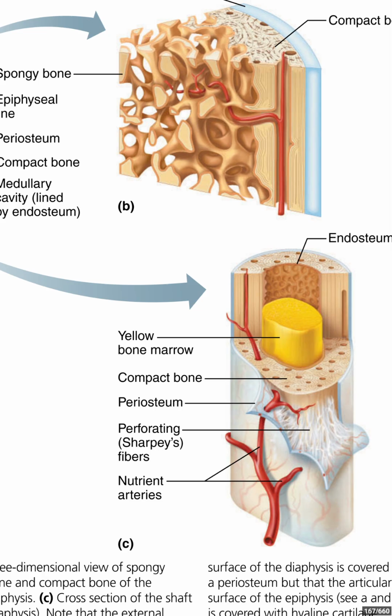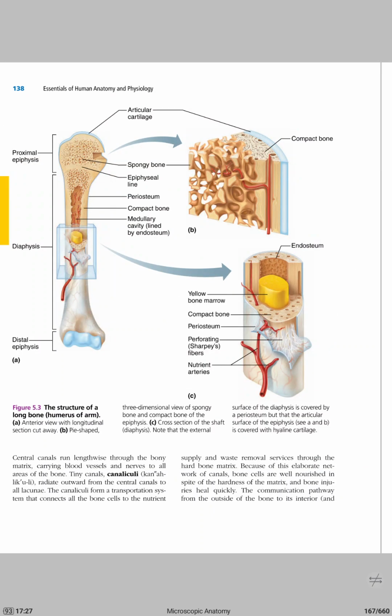Katong bata pa ta, ang atong bone marrow, ang color niya is red marrow, no? But when we reach 6 to 7 years old, diha na siya mailisan og yellow marrow. Okay, mao na siya. So si yellow marrow is a fat. Lipids. No. Fat na siya. Fat na si yellow bone marrow.